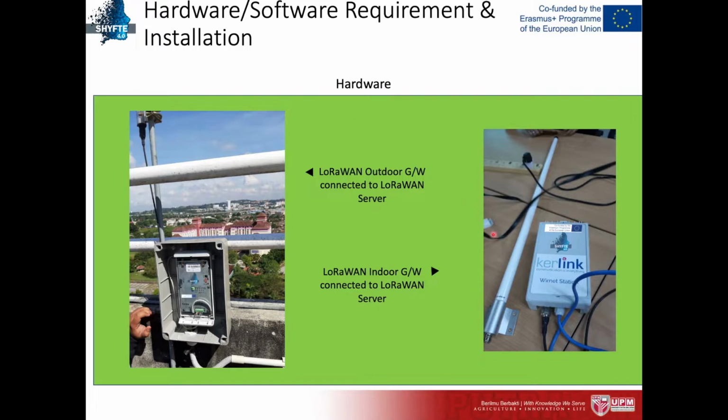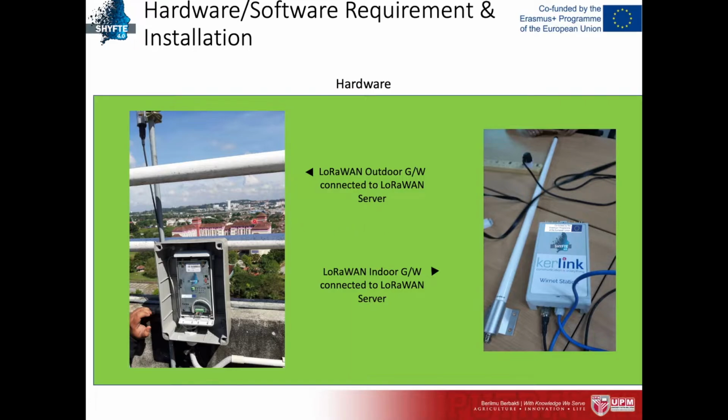For example, if you have an indoor application within a very limited area of sensor placement, maybe around 10 to 20 meters, you just need an indoor gateway. Compared to the outdoor gateway, the indoor gateway is much cheaper and has very limited coverage.